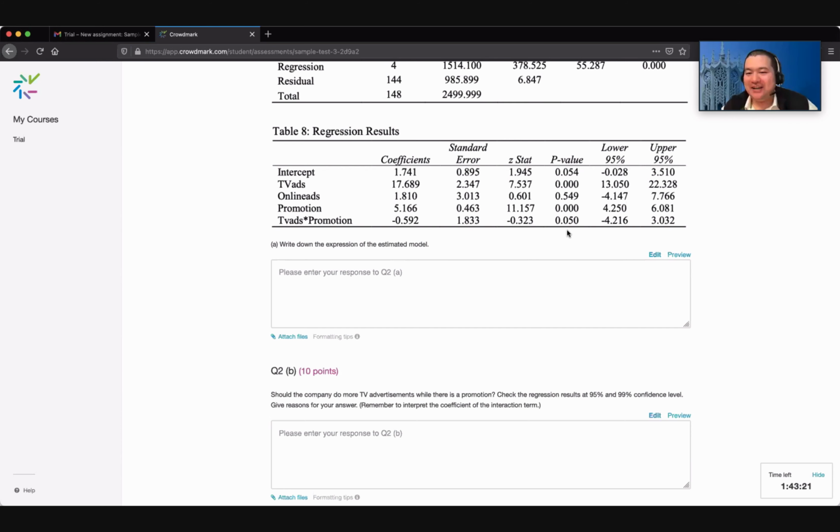It is significant at 90%, but is it significant at 95%? That would be somewhat close. Someone says close? No. No. Who said no? Yuqing.